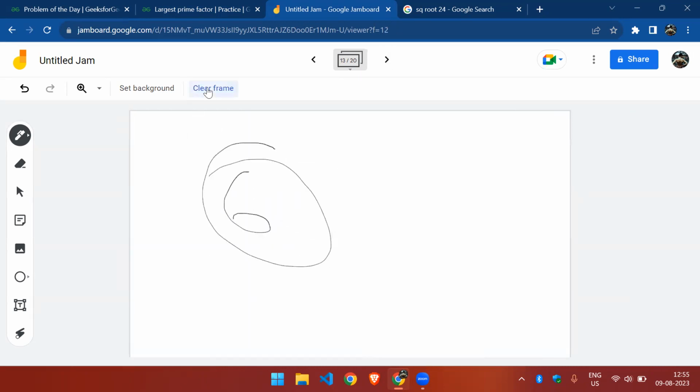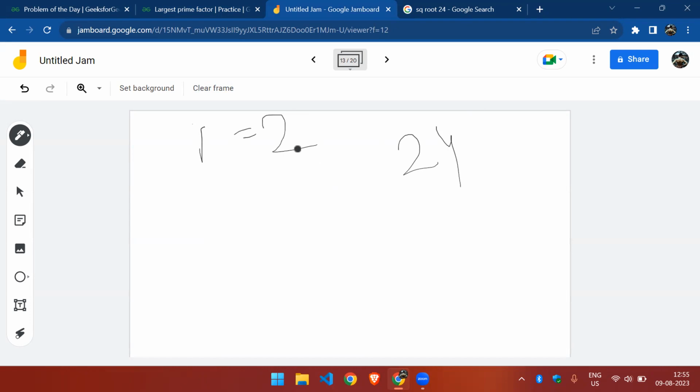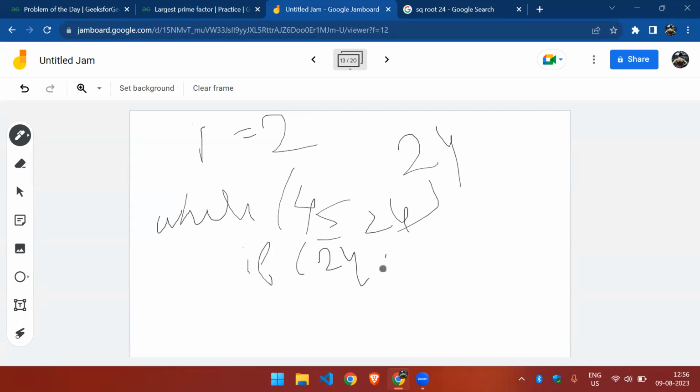Okay, so let me try to run this. Let's take n equal to 24, and initially we have i equal to 2. So we check the while condition: 4 is less than or equal to 24. Yes, this condition is satisfied. And if my 24 is divisible by 2, which is the case, I will simply eliminate the factor of 2 from my 24.